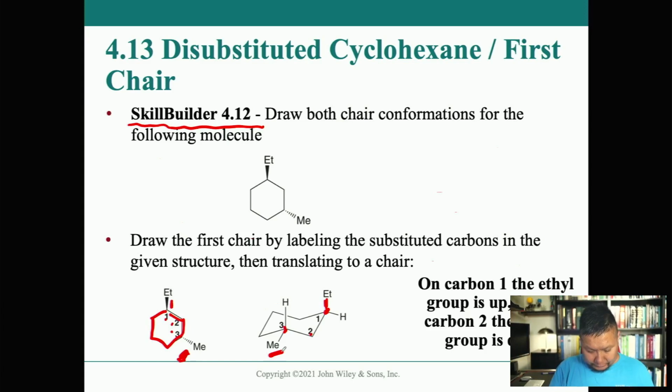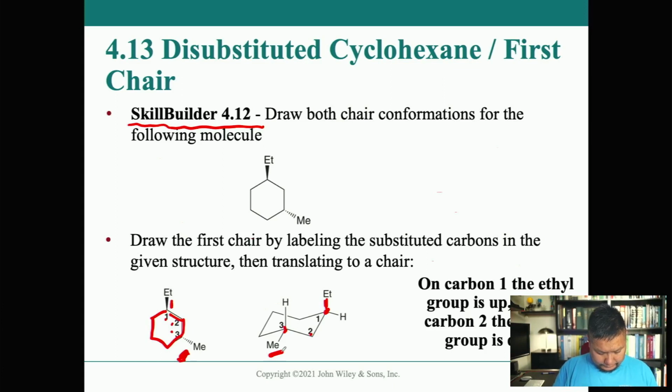So let me actually draw that, or not draw that, but build it for you real quick. We'll switch out the chlorine here, and we'll put on a hydrogen there. Oh, am I out of hydrogens? Surely not.